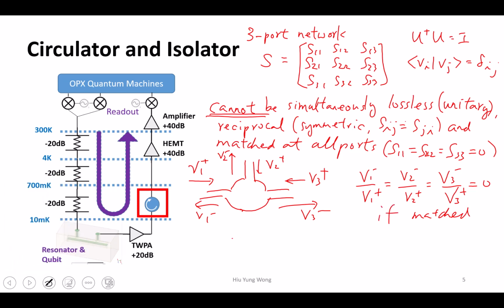For example, I have a transmission line, and if I match it with the impedance, for example with a resistor, then there will be no reflection. With a transmission line, you put a pulse into it and it keeps going on.